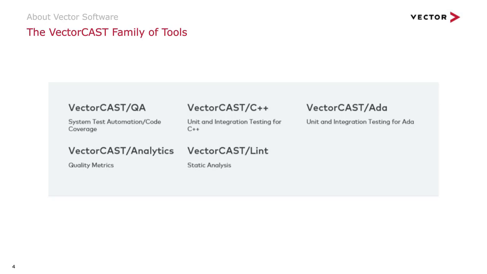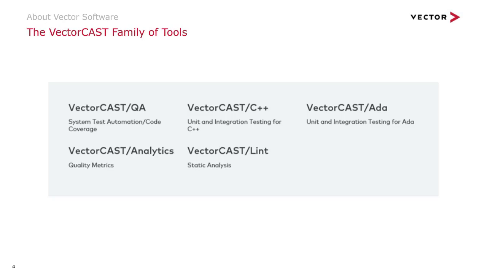Okay, so we're on the family of tools slide and continuing with the dashboard and the analytics. So what the analytics is doing is collecting metrics about the software quality that we have and providing those metrics in a web-based dashboard fashion. And that allows really everyone to participate in the quality process and be able to see where we stand on our project.